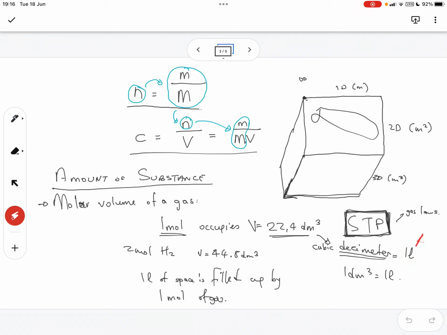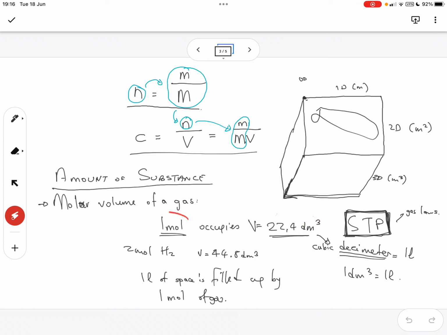Any 1 liter unit you can think of, a measuring unit, whether it's a kitchen jug or catering jug that has a graduation to show a 1 liter mark, a graduated cylinder in a chemical lab, I guess a 1 liter engine in a car. That same 1 liter volume is the same as 22.4 cubic decimeters.